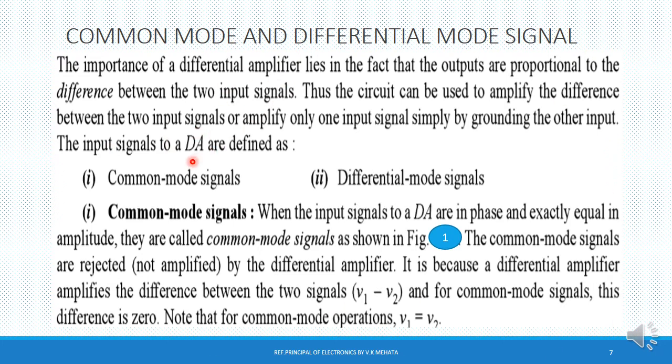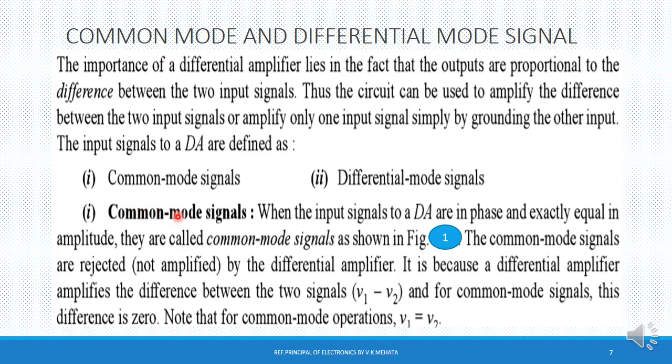Actually the input signals we give to the differential amplifier are defined as the common mode signals and the differential mode signals. What do we mean by common mode signals?